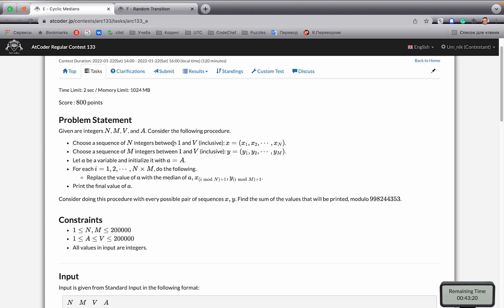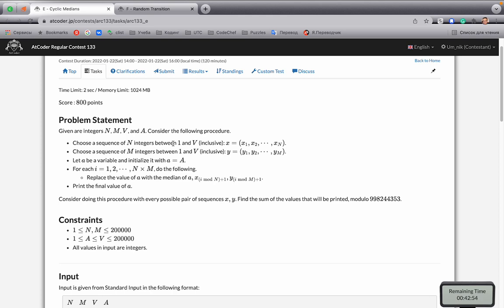And then run the same procedure. What's the point of that? Well, the median works the same. So we can either first take the median, then do this replacement to zeros and ones, or we can first do the replacement and then take the median.